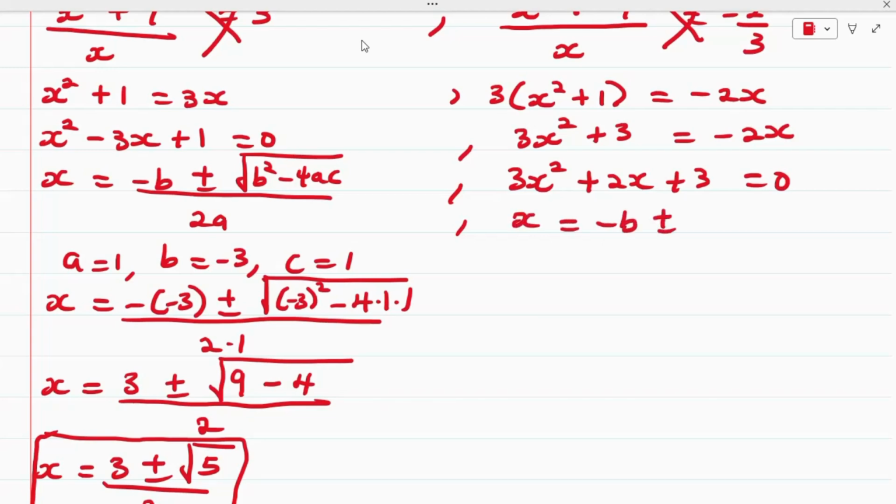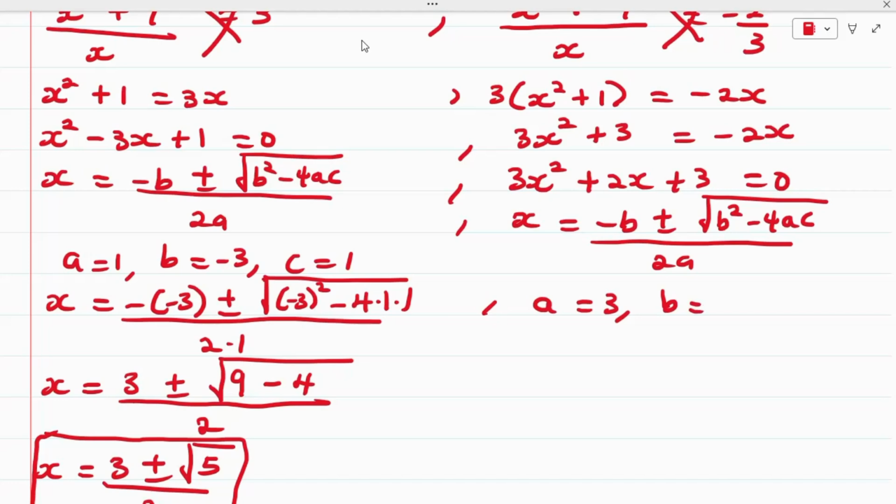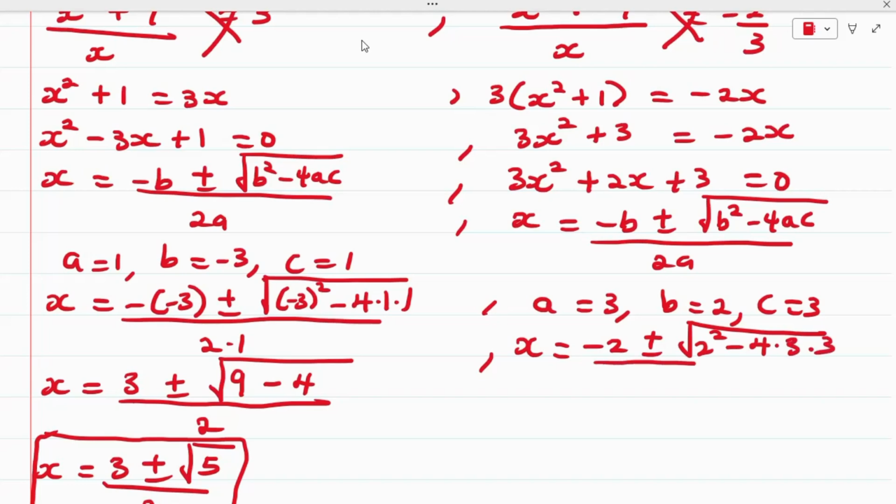minus b plus or minus the square root of b squared minus 4ac, divided by 2a, where a is equal to 3, b is equal to 2, and c is equal to 3. Alright, so we have that x is equal to minus 2 plus or minus the square root of b squared, which is 2 squared, minus 4 multiplied by a, which is 3, multiplied by c, which is 3, divided by 2 multiplied by a, which is 3.